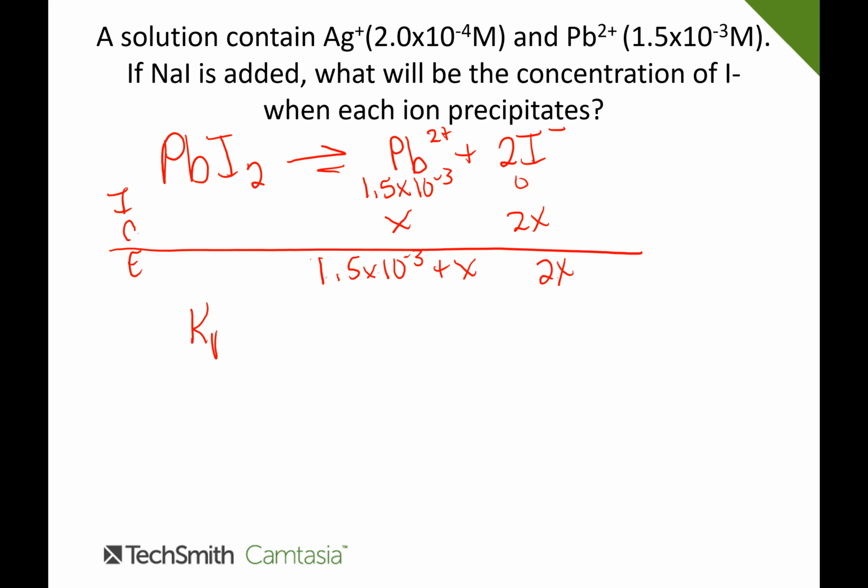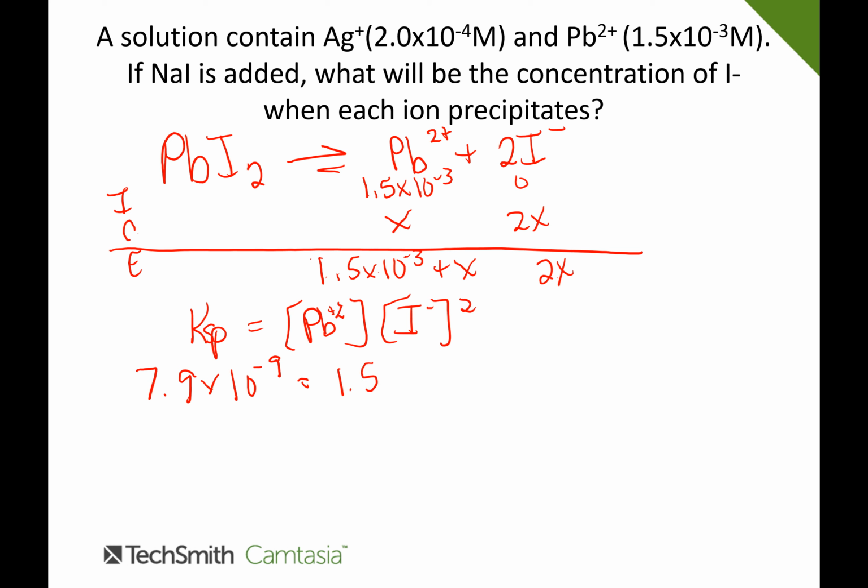So Ksp is the Pb times the I- squared, since I have a coefficient of 2. And I think the Ksp was 7.9 times 10 to the negative 9th.